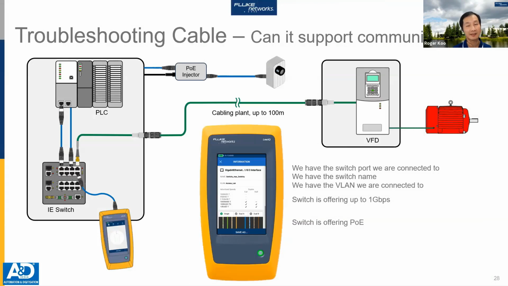Now once the test is completed, we can review the results on the LinkIQ. Here, we can see that on the switch, we are connected to port 1/0/3 at 1 gigabit per second. We are connected to a switch called Switchy MAC Switchy. Let me just blow this up so you can see it clearer.